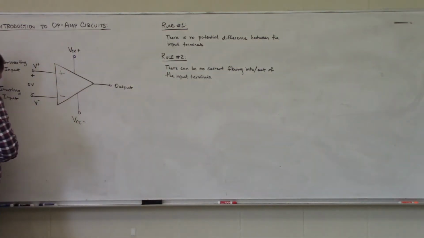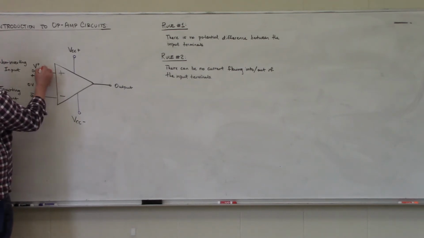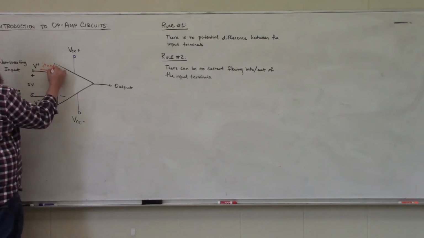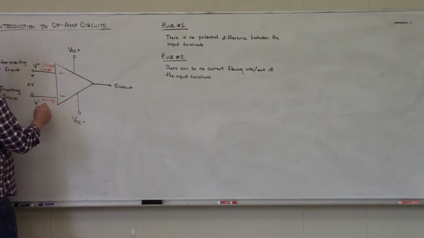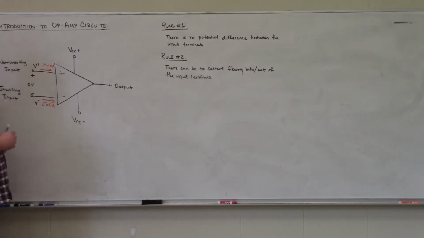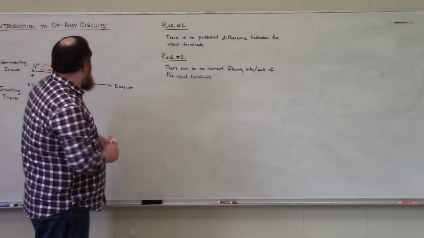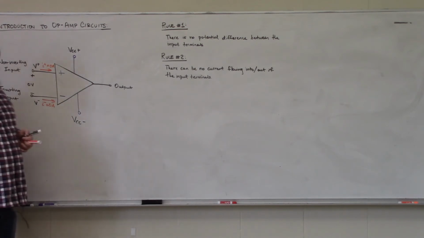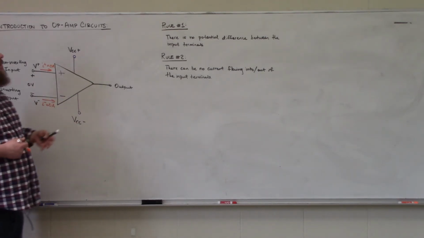So that means I could have a current, which I'll call I plus, trying to flow into the non-inverting input terminal. And for an ideal op amp, this current is, by definition, 0 amps. And the same thing could be said for a current I minus trying to flow into the inverting input terminal. Now, this rule does not say anything about the current that can flow into or out of the output terminal. And for our intents and purposes, any current that needs to flow into or out of the output terminal can.